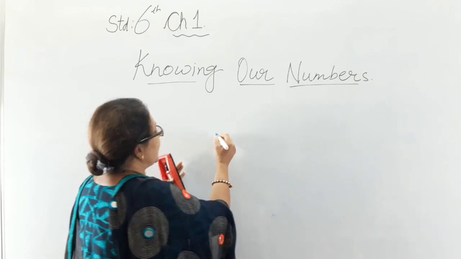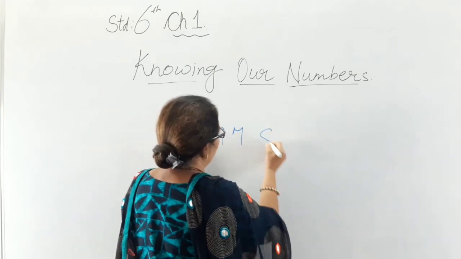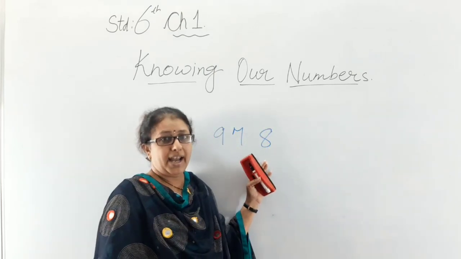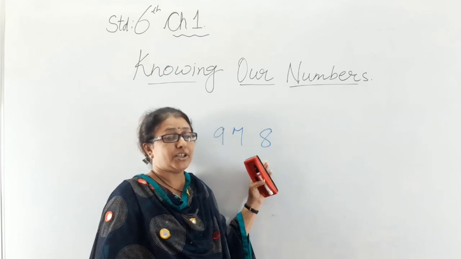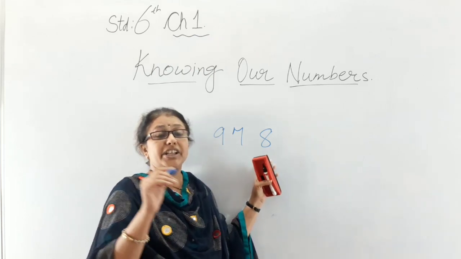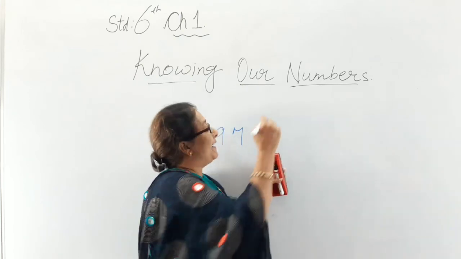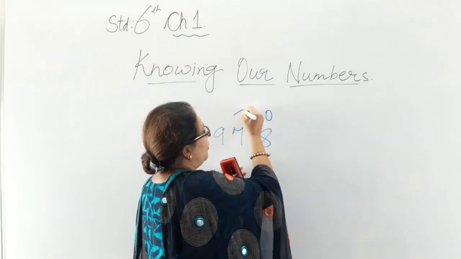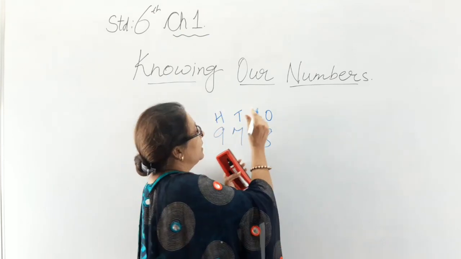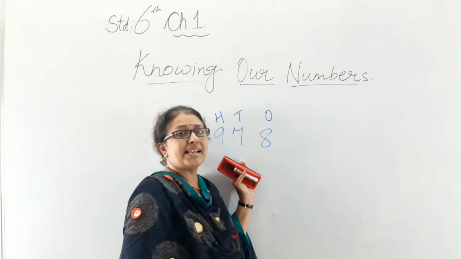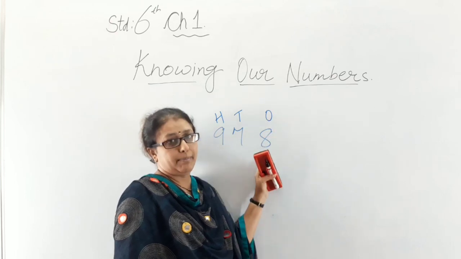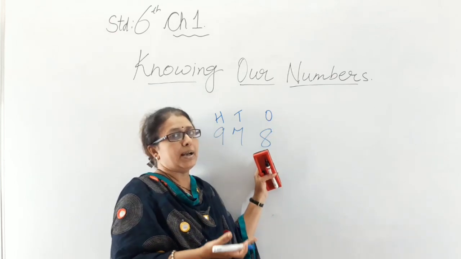So students, if there is a number 978. When you were small and used to do addition and subtraction with these numbers, the teacher would help you know the place of the number by writing O T H. This is the place of the number, and again the value becomes different.